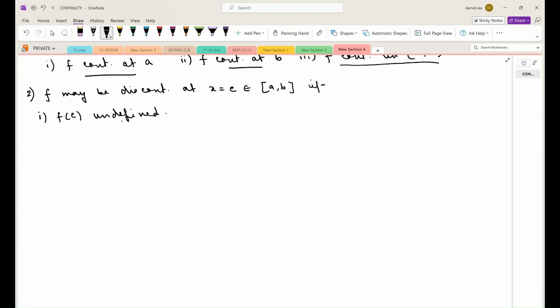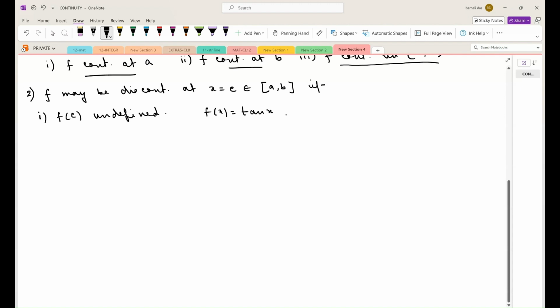But actually speaking, that's not true, because when we speak of continuity of a function, it goes without saying by default that we are discussing the continuity of a function in its domain. So if a function is not defined at a particular point, we don't include that point in the domain. For example, tan x.